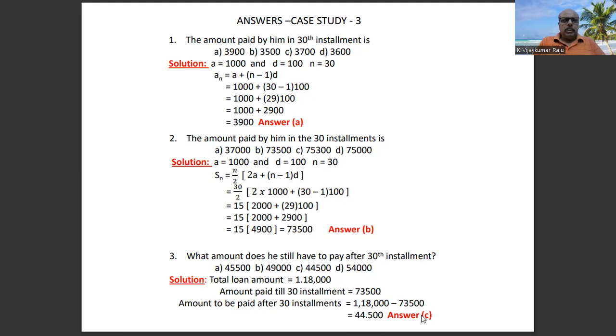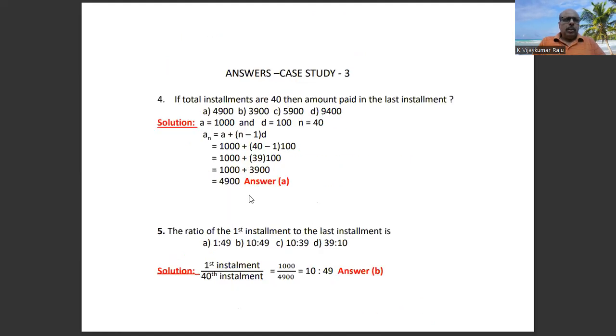Okay. Now let's take the next question. If the total installments are 40, amount paid in the last installment means on the 40th month, how much is he actually paying? The first month, 1,000 rupees. Every month it is increasing by 100 rupees. How many months? 40 months. N is 40.